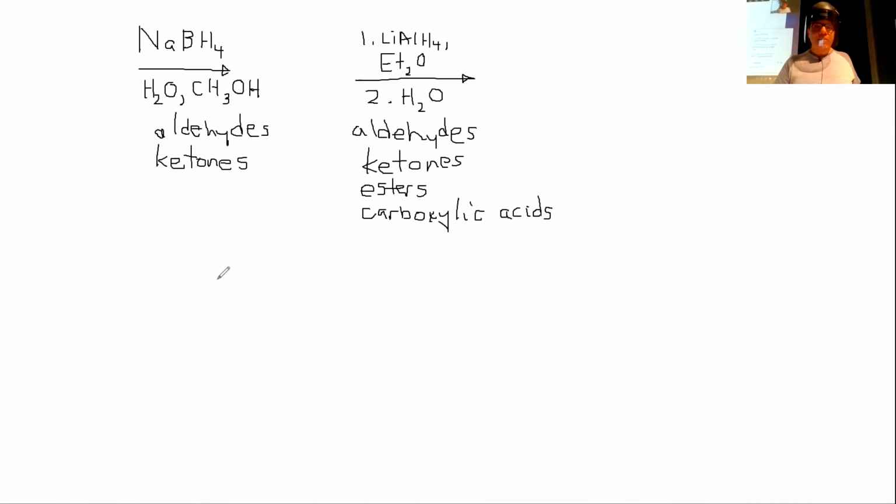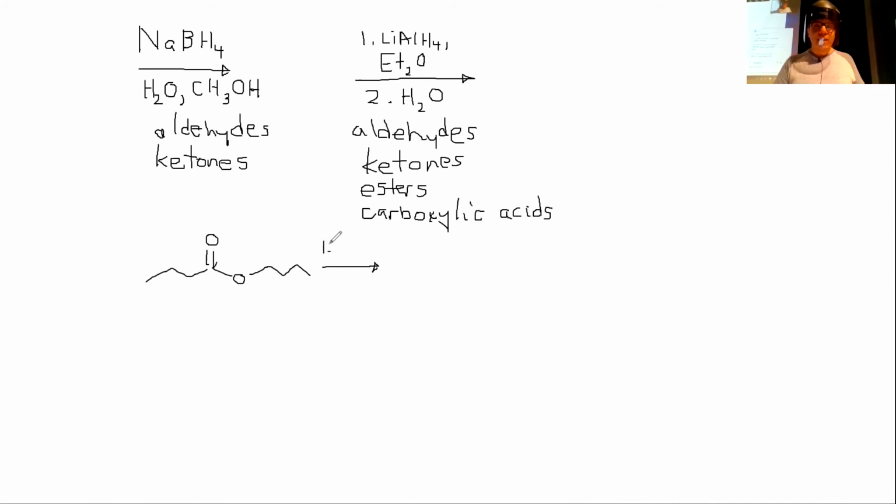So for instance, let's just get an ester going. Oh, I don't know. How about butyl butanoate, just because I can. So this is an ester, so if you treated it with sodium borohydride, no reaction. You'll just recover the ester.